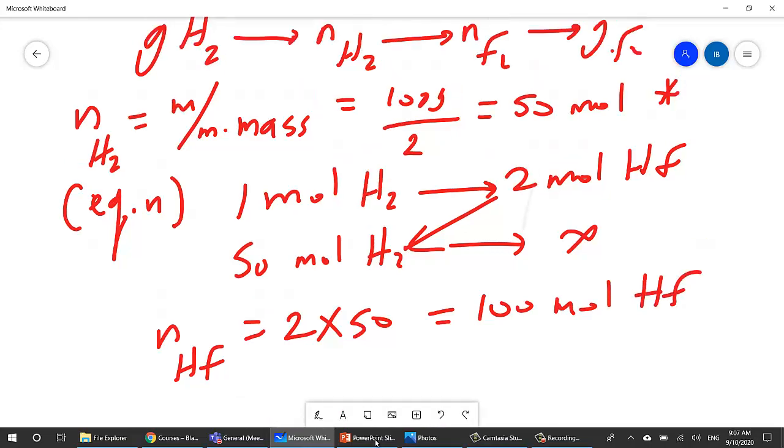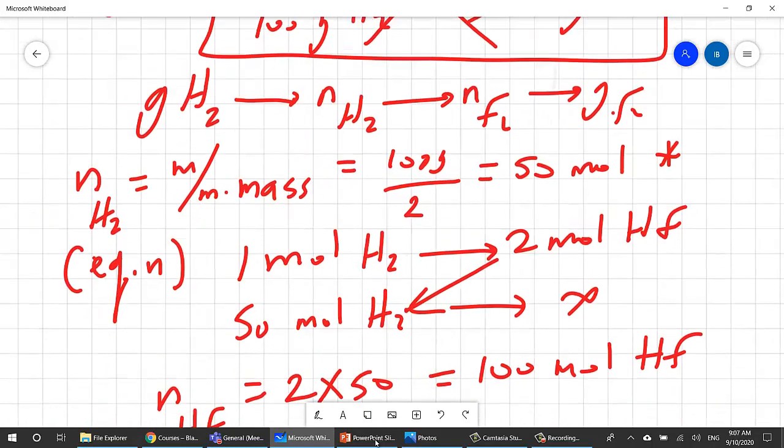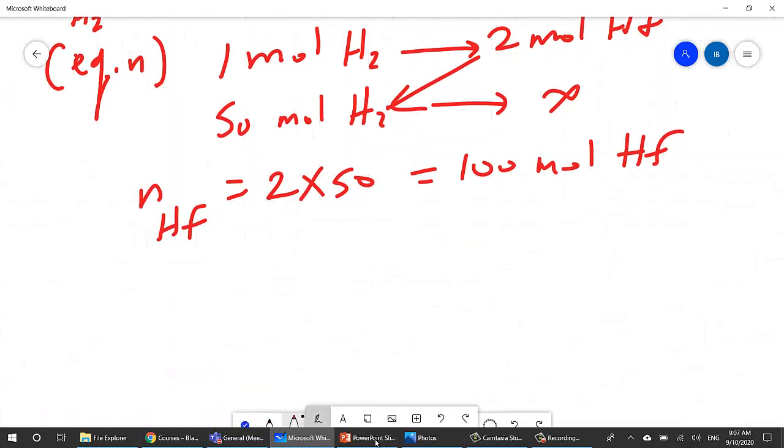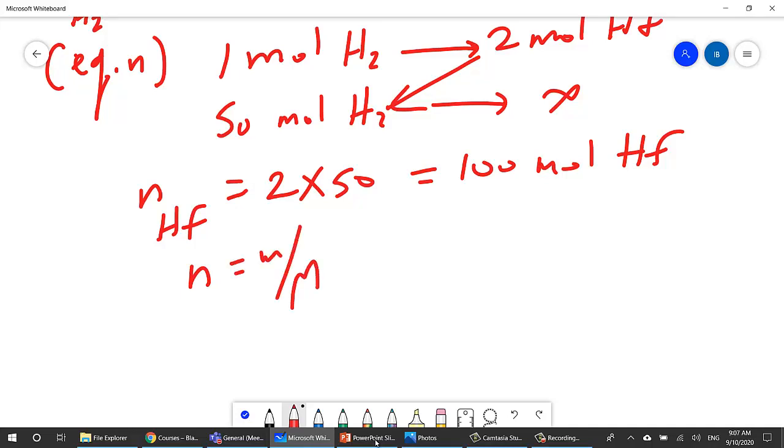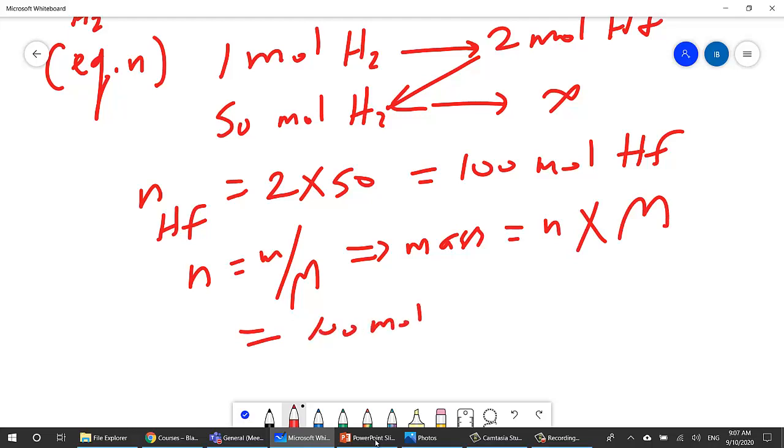The question is, he says, I need the grams, right? So we convert that to grams. The number of moles equals mass divided by molar mass. In that case, the mass of HF is equal to the number of moles times the molar mass, which is 100 moles times the molar mass of HF. We said 20 grams per mole.